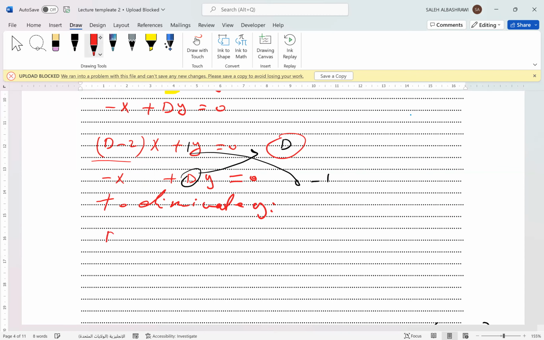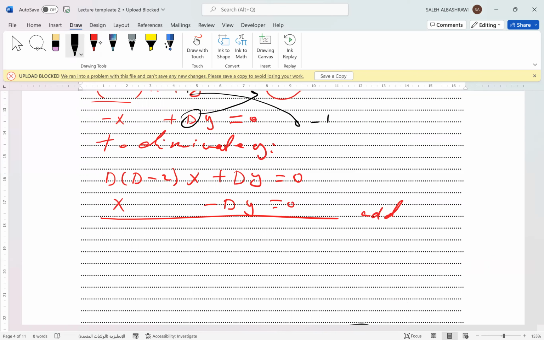It will be D times (D minus 2)x plus Dy equal to 0. The second equation will be x minus Dy equal to 0. Now if we add, we see that Dy and minus Dy will be cancelled.